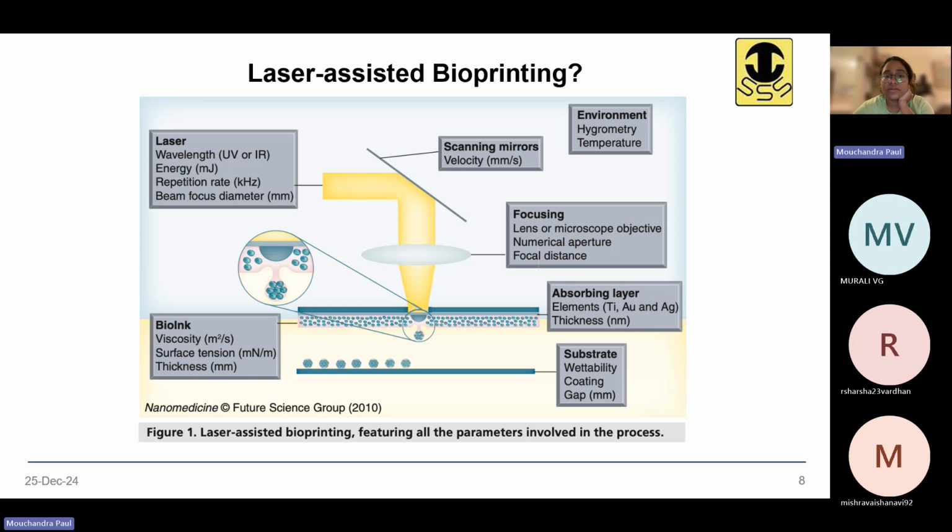The ribbon consists of the support. This support is transparent to the laser. The support is coated with a laser absorbing layer. And this laser absorbing layer in turn is coated with the bioink containing cells.